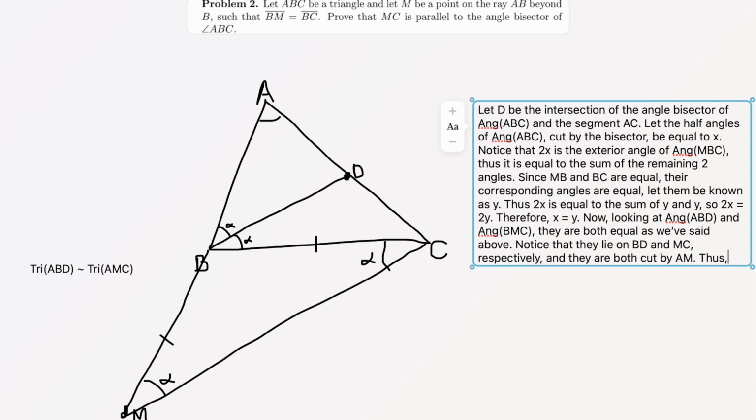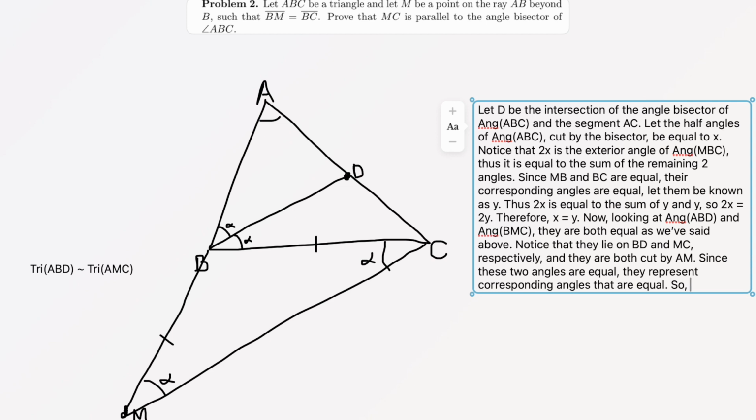Thus, since these two angles are equal, they represent corresponding angles that are equal.